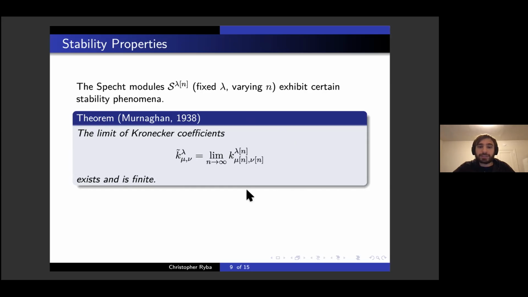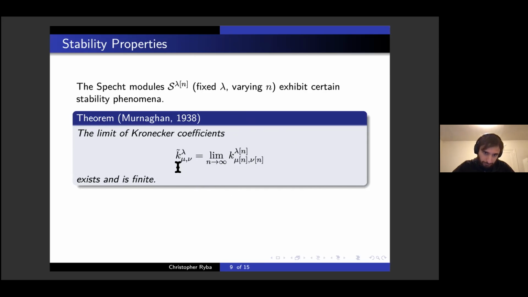But what one can do is consider the Kronecker coefficients for these triples. I fix my favorite partitions, μ, ν, and λ, which can have any sizes, because as soon as I take square brackets of n, that completes it to a partition of n, and then I'm allowed to take the tensor product and ask for the fusion rules. It turns out that if I do so, and I consider n getting larger and larger, this sequence of fusion rules eventually stabilizes.